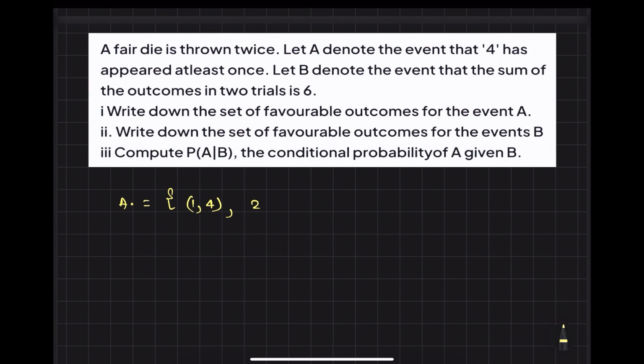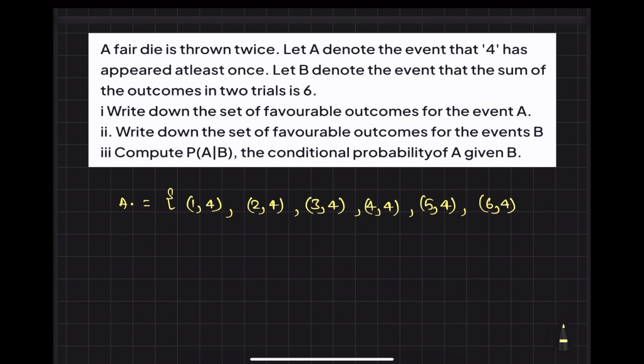Can I go with 2 comma 4? 3 comma 4? 4 comma 4? 5 comma 4? 6 comma 4? Now you cannot go in only one direction, so you have to flip the cases.